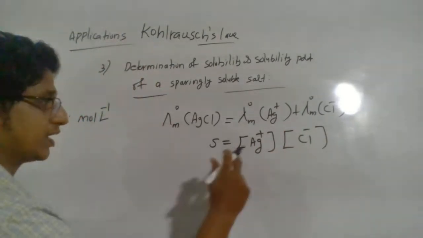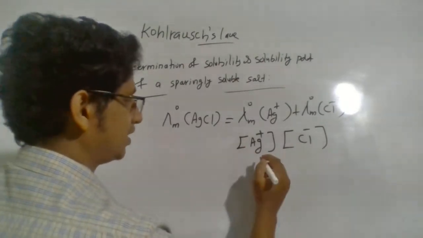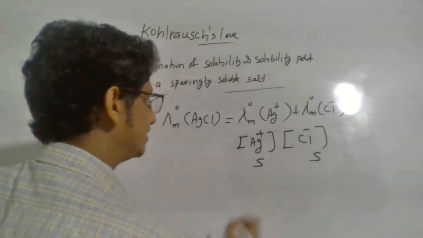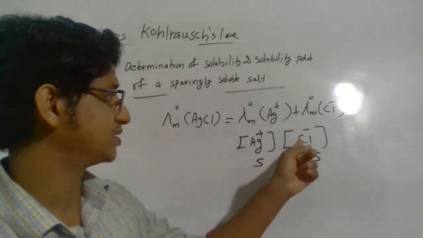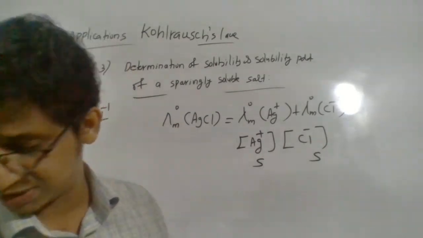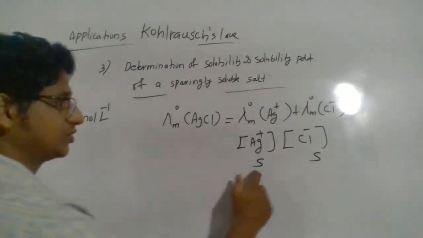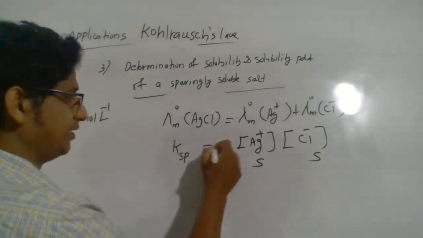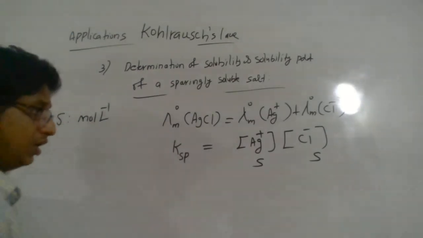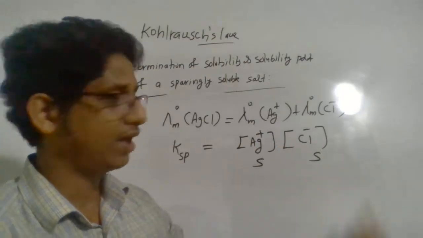That will be the product of concentration of ions. Let it be S and S. This is concentration of Ag plus, which I express in terms of S, and concentration of Cl minus, which I express in terms of S. So if you have these two values, you can find the solubility product as well. Ksp will be the product of concentration of the cation and anion.